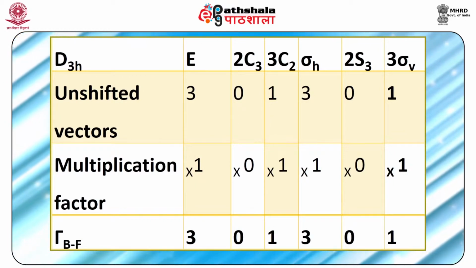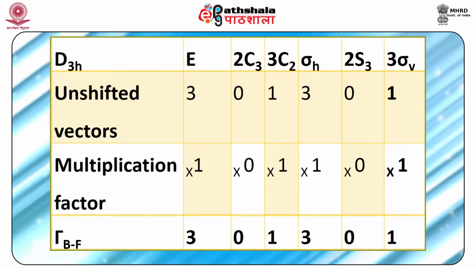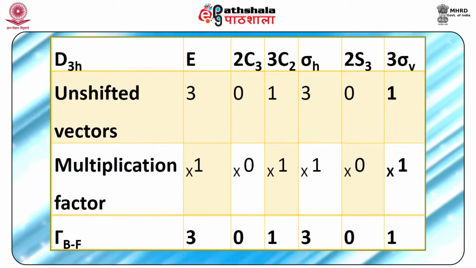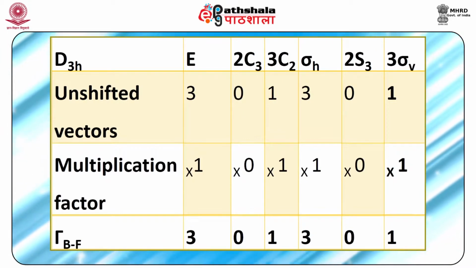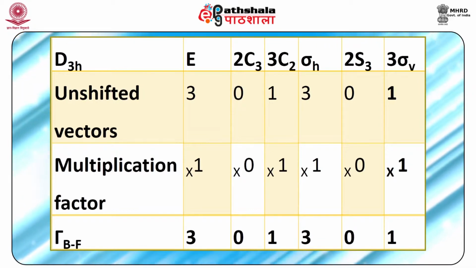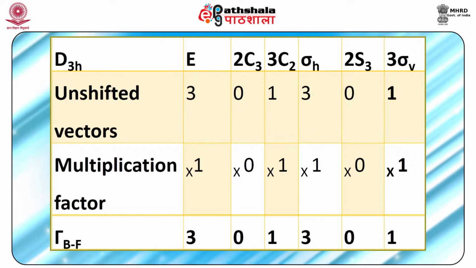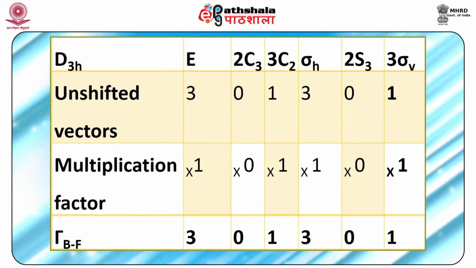The results of all these symmetry operations on these three bond vectors R1, R2, R3 are given in the table, that is, how many bond vectors are unshifted. Under E, all three bond vectors are unshifted. Under C3, all are shifted. Under C2, only one is unshifted. Under sigma h, all three are unshifted. Under S3, all are shifted.